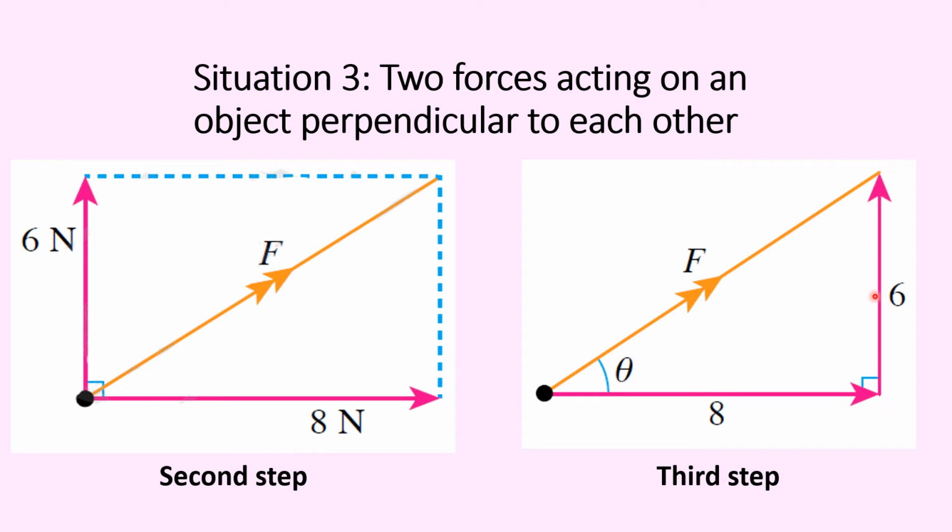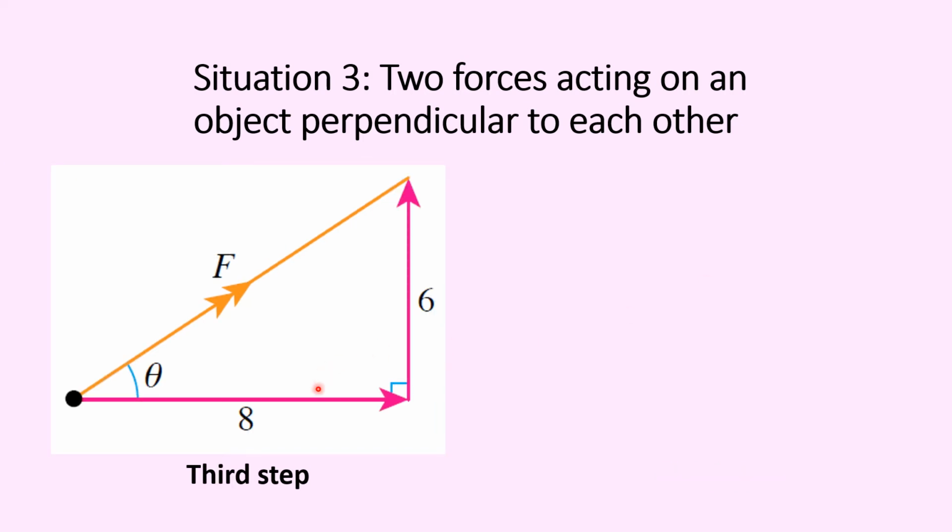But basically both diagrams are completely the same. So the resultant force is still shown by this orange line here. Now you have an 8 Newton force acting in the horizontal direction, to the right, and another 6 Newton force acting upwards.